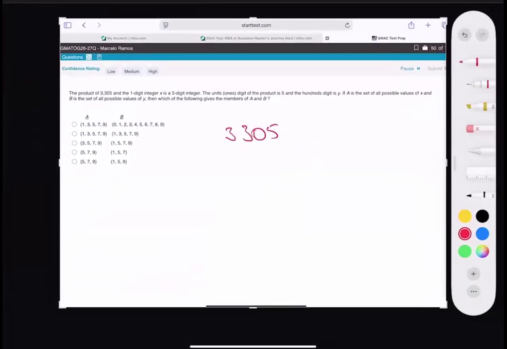The tens and thousands I don't know. If A is the set of all possible values of x and B is the set of all possible values of y, then which of the following gives the members of A and B?